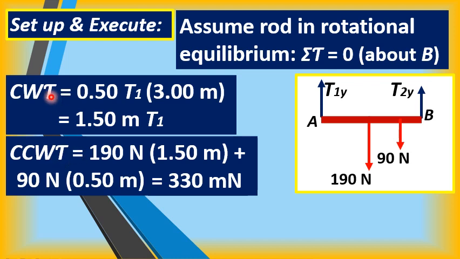The truth is, this only symbolizes the direction of the rotation of the body in question. Again, CWT means the torque that causes the rod to rotate in clockwise direction, while CCWT means the torque that causes the rod to rotate in counterclockwise direction.